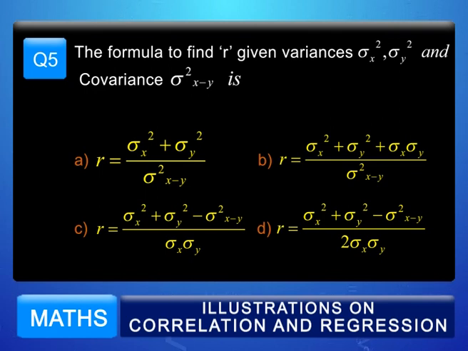C, R is equal to variance of x plus variance of y minus covariance between x and y divided by the standard deviation of x into standard deviation y. D, R is equal to variance x plus variance y minus covariance between x and y divided by 2 standard deviation of x into standard deviation of y.